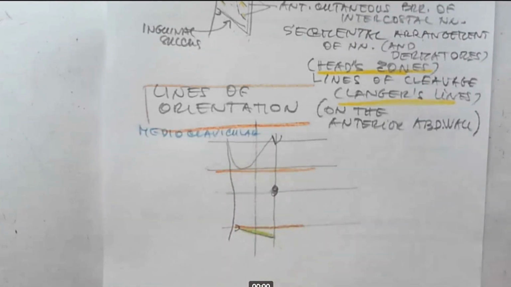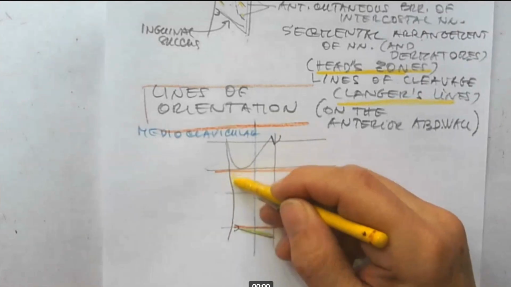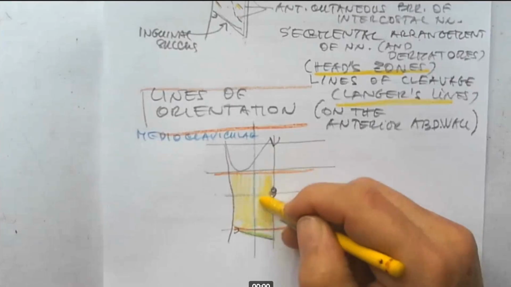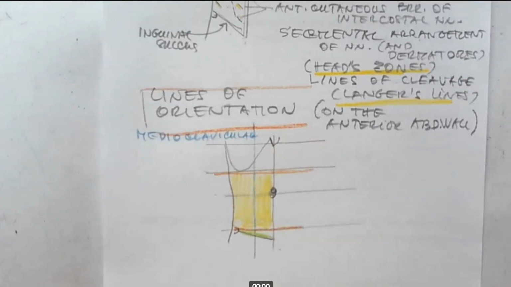And then we can divide the anterior abdominal wall or the cavities into three not quite symmetric areas, because the wall is divided by two vertical and two transversal lines.